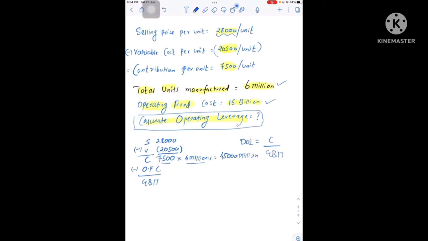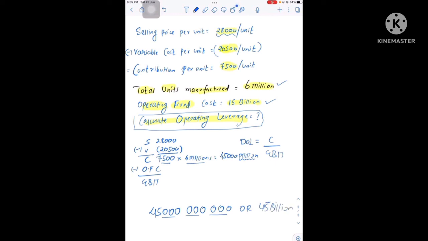When I write million, you need to understand that it has 6 more zeros. So 45,000 and 6 more zeros. Now how many total zeros did we get? We got a total of 9 zeros. Total 9 zeros means billion. So I can read this figure as 45 billion. 45,000 million is equal to 45 billion.